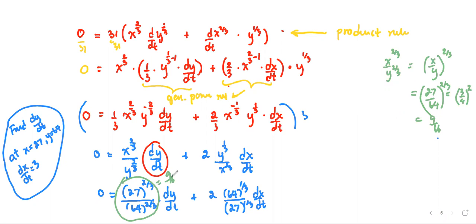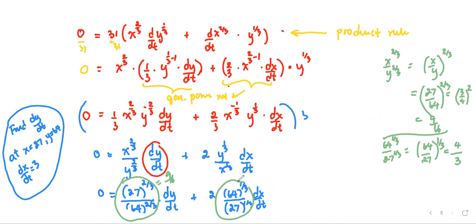Okay. And then the other one, the 64 over 27, and both of them share the same power. So 64 over 27 to the power 1 over 3. That is the cube root of 64, which is 4, divided by the cube root of 27, which is 3.